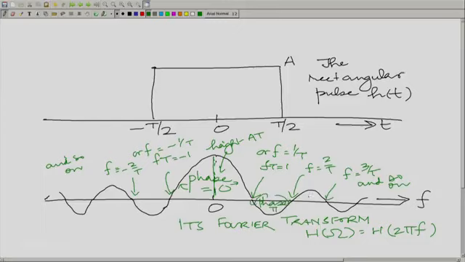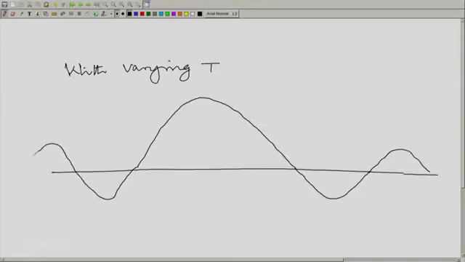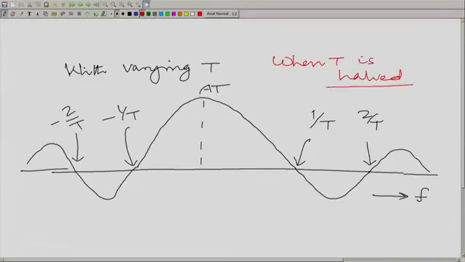What is more, if we look at the Fourier transform itself, let us see how it varies with varying T. So, let me draw one for a certain T and then let me halve the T. Let us see what happens with a certain T. And now, on the same graph, I will show what happens when I halve the T. If T is halved, this frequency is doubled.